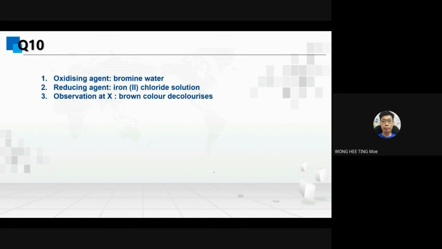So brown color decolorized, for the bromine. And the green solution turns to brown color, iron 2 to iron 3. This one is bromine to bromide. This one is iron 2 to iron 3. Okay.